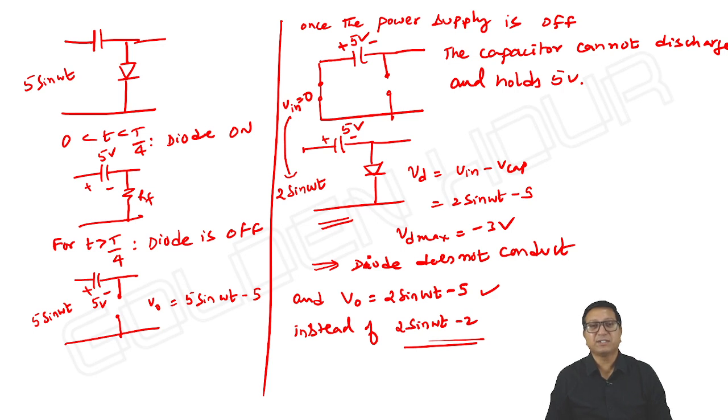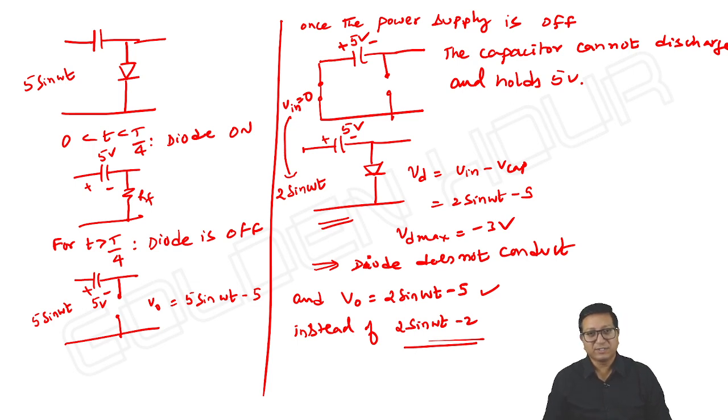So you can see some offset voltage across the capacitor. Initially, if it is zero initial conditions, fine, but in this case you can see non-zero initial conditions. Then how to overcome this? Earlier, I started with an analysis of zero initial conditions. That's why we got the result 5 sin omega t minus 5.